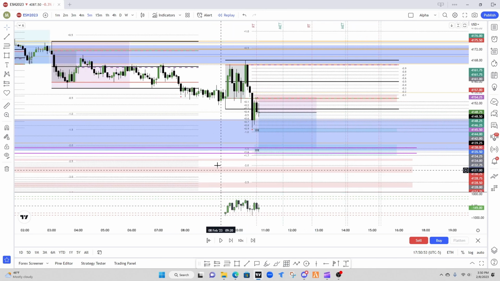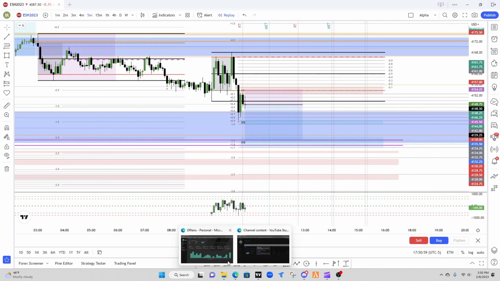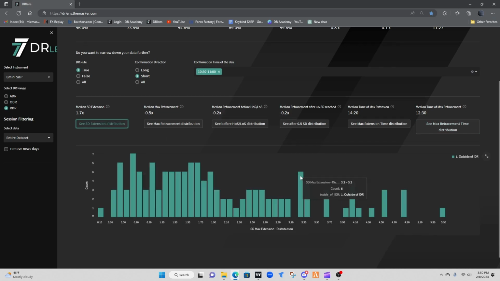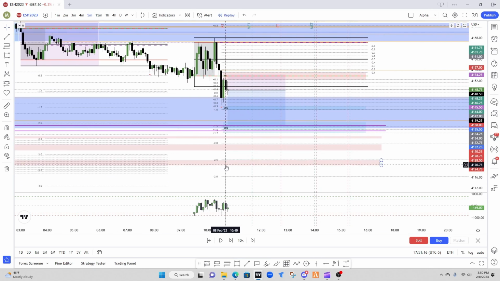I did target our standard deviation extension here. If we go back to our data, we could see our extensions here. We can see an extension all the way down to 3.2, 4, 1.9. We do have a big grouping here at 2.4 to 2.7. So if we go back to the chart here, 2.4 to 2.7 does line up nicely with another one of our zones.